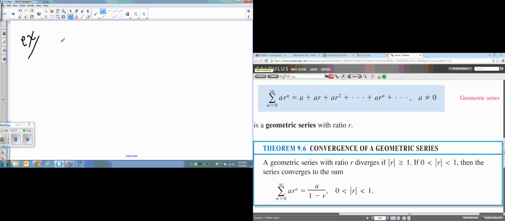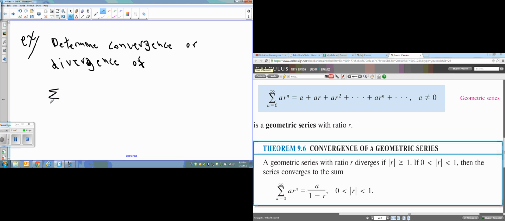So we're going to determine the convergence or divergence of this one, the sum from n equals 0 to infinity of 1/3 to the power of n.